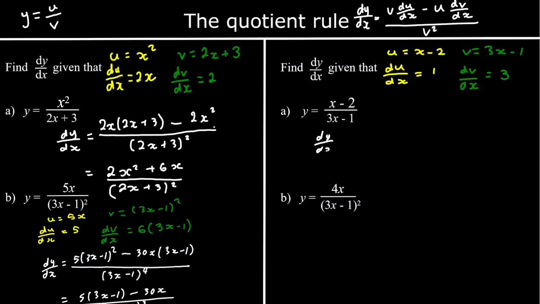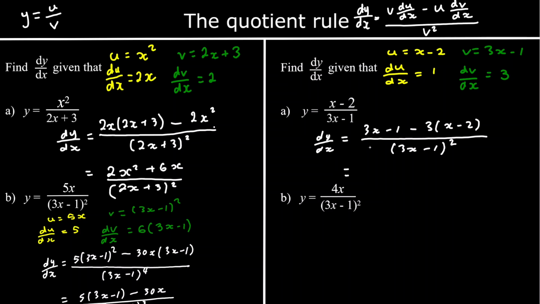So dy dx is v times du dx, which is 3x minus 1, minus u times dv dx, 3 times x minus 2, over v squared, which is 3x minus 1 squared. Expand and simplify the top line.